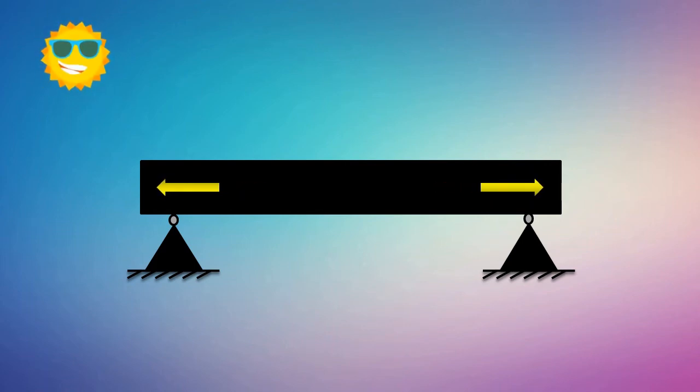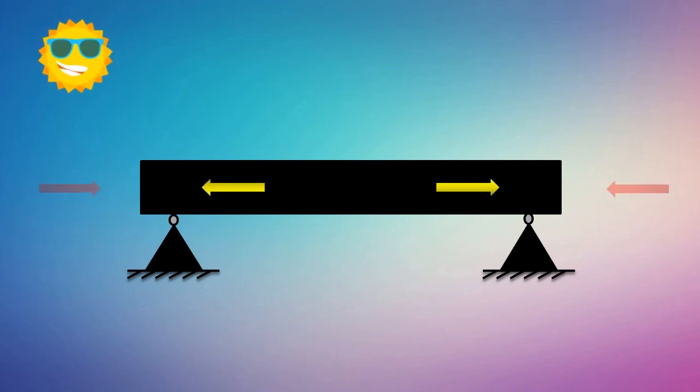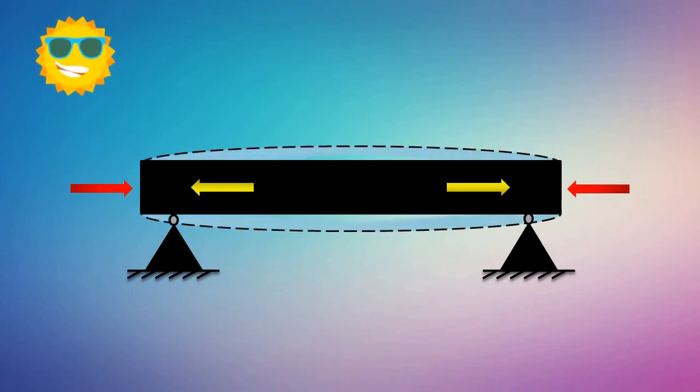But in this type of support, there is a constraint in the horizontal direction from both sides. Due to this, thermal stresses will be developed in the beam as it will oppose the expansion of the beam in the horizontal direction, and it will force the beam to buckle. So this is how the beam will look after the buckling.